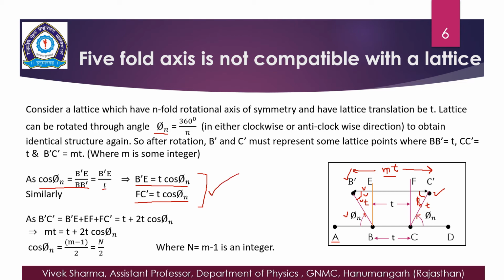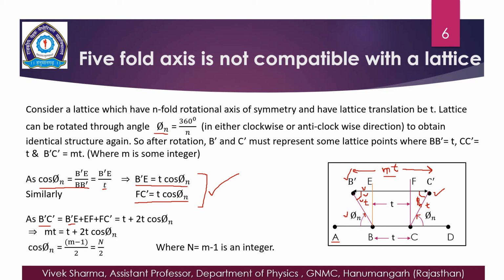Now, if we define B dash C dash, B dash C dash is B dash E plus E to F, then F to C dash. It's a straight line. Points E and F divide the straight line in three parts: B dash E, E F, and F C dash, where E and F are the intersection points of the perpendiculars drawn from points B and C on the line B dash C dash.